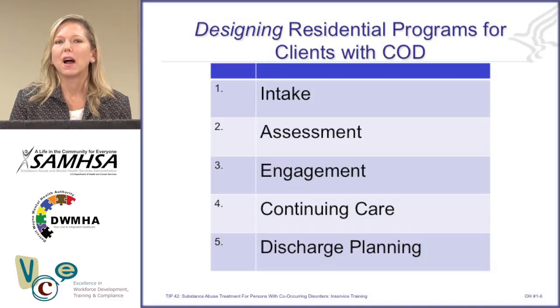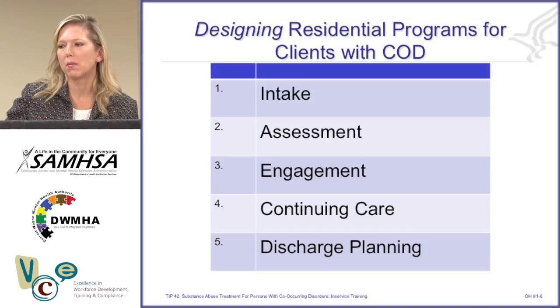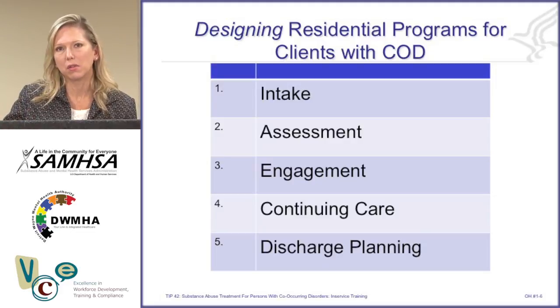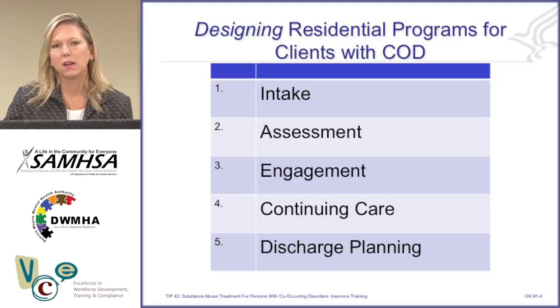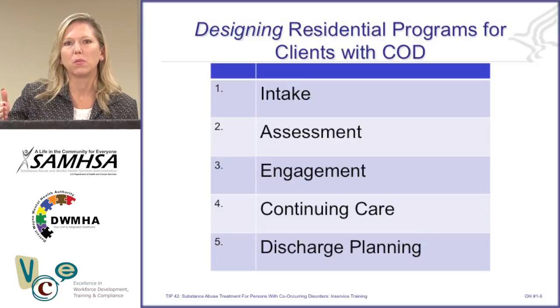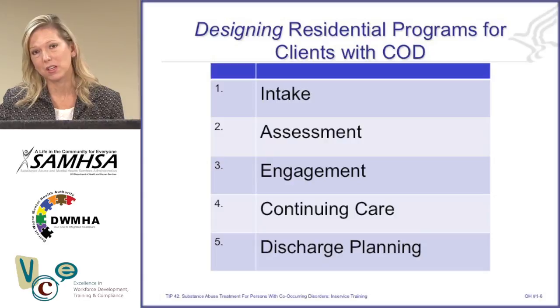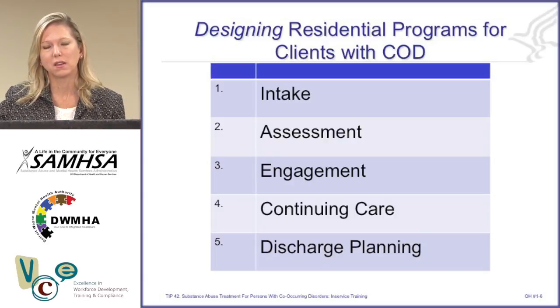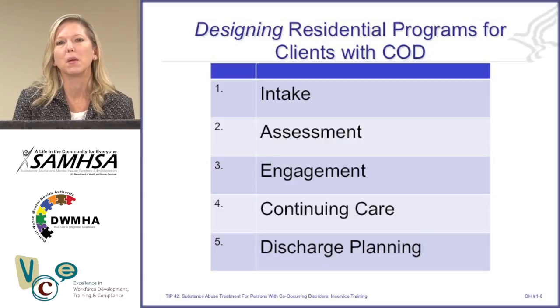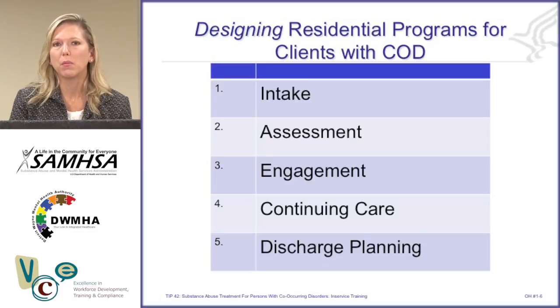How do you develop a continuity of care, or this continuing care concept? Continuing care can mean moving from a higher level of care to a lower level of care, like going from detox and residential down to intensive outpatient and down to outpatient, tapering off and becoming more involved in the self-help movement.